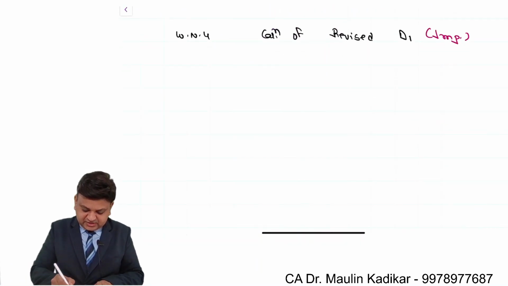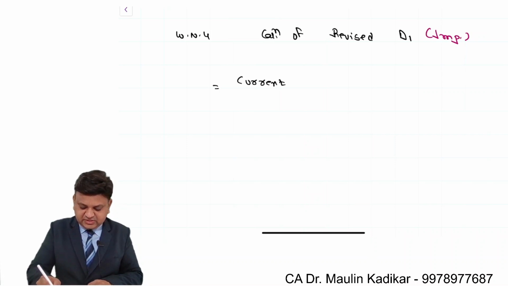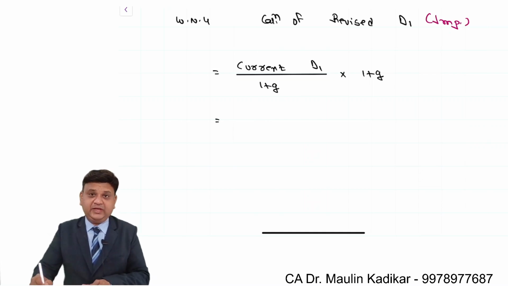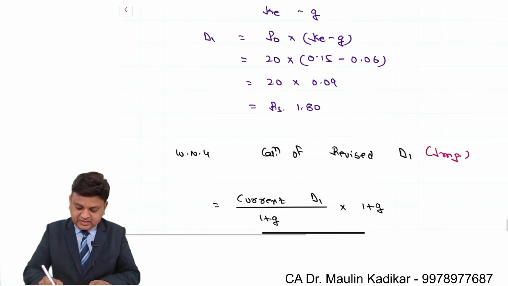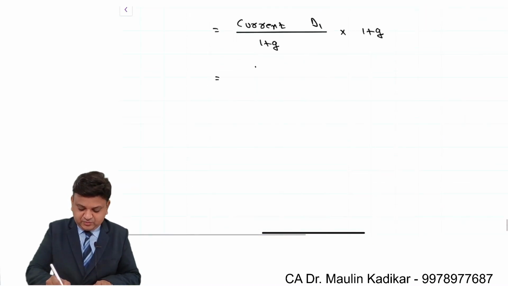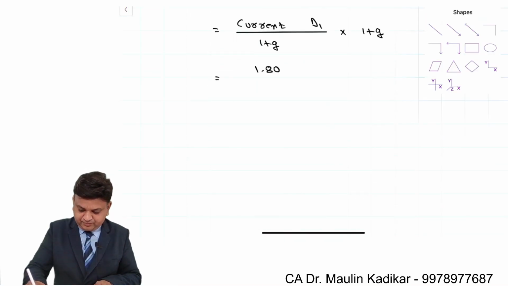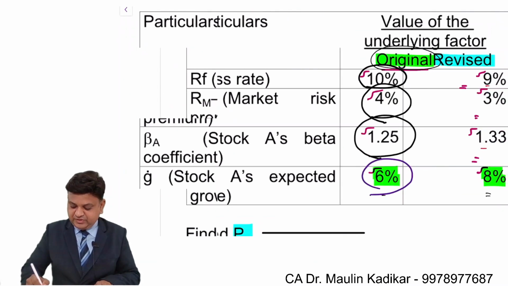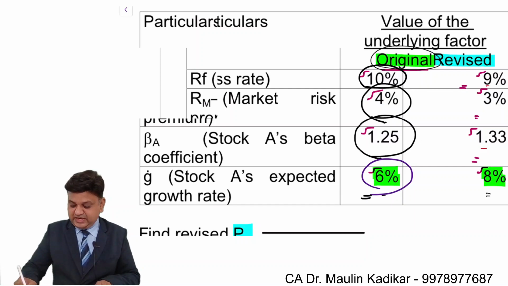So we understand that it is current D1 divided by 1 plus g into 1 plus g. This is what we understand. D1 is 1.8 rupees, 1 rupee 80 paise, divided by 1 plus growth rate, which is 6%, and the revised growth rate is 8%.